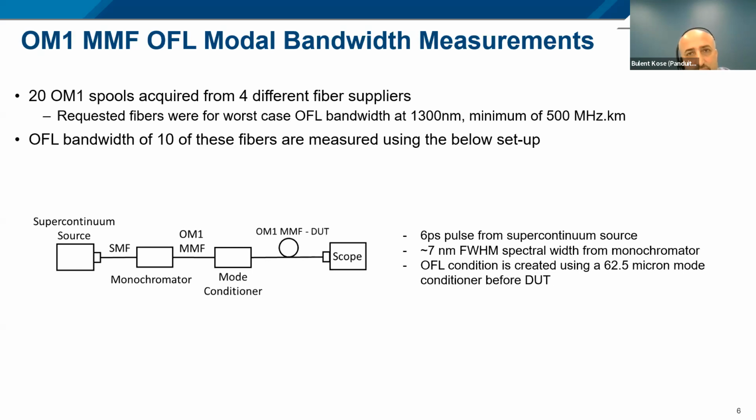We looked at about 100, 200, or 300 meter lengths of these fibers. Our source is a 6 picosecond pulse supercontinuum source, which has about a 7 nanometer full width half maximum spectral width. Again, the overfill condition is created using this mode conditioner in the setup.